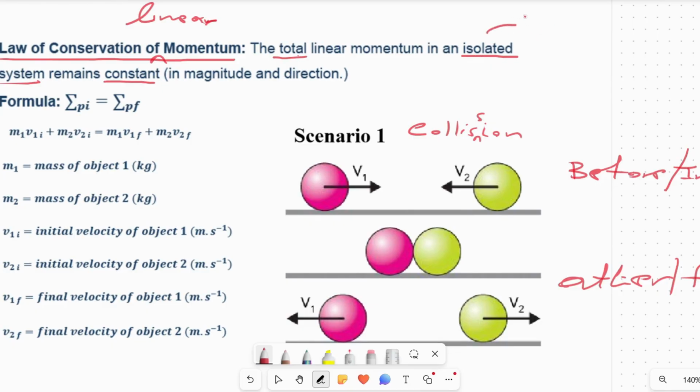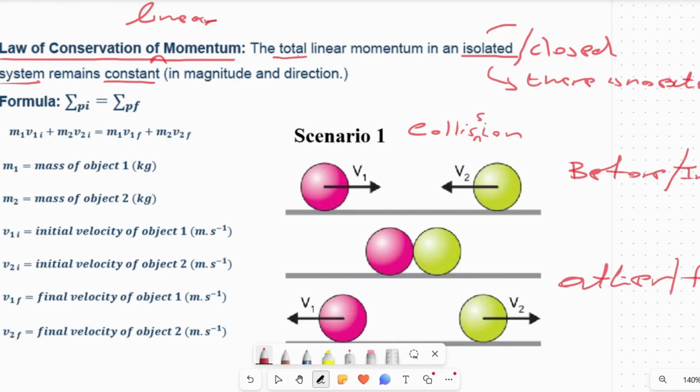So what is isolated? Another term we use is a closed system. What is the meaning of this? It means we assume there are no external forces.